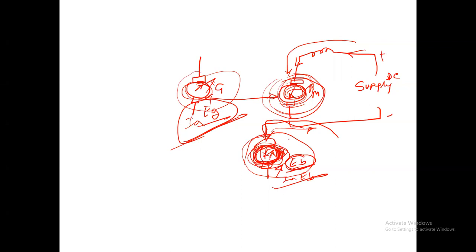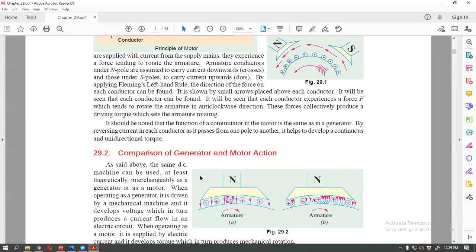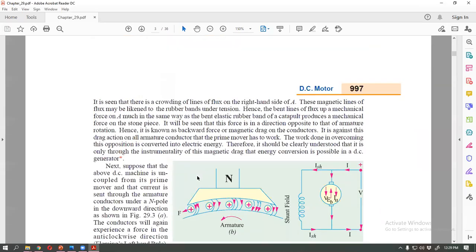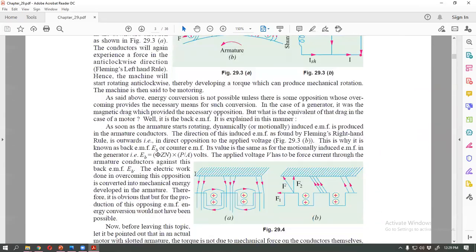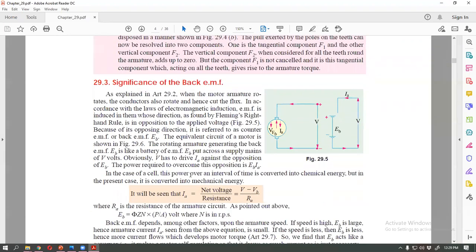Back EMF means this. This back EMF is very, very important. This is the voltage; through this part current flows.